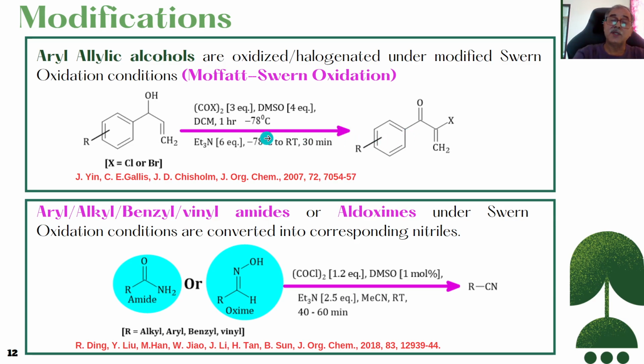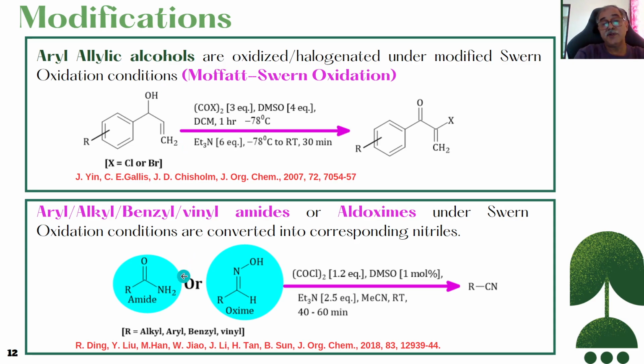So, in case of primary and secondary alcohols, we have seen the corresponding carbonyl compounds are formed, that is, aldehydes or ketones. Whereas in case of allylic alcohols, we will get alpha halo ketones as the product, and this is called Moffatt-Swern oxidation, and this is a modification of Swern oxidation. So the modification is in the substrate.